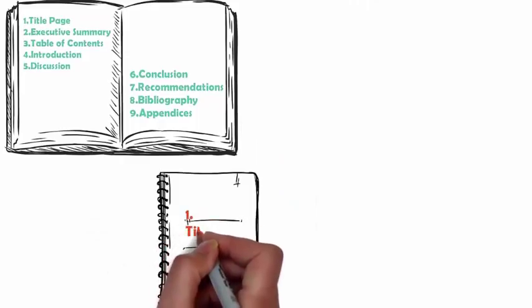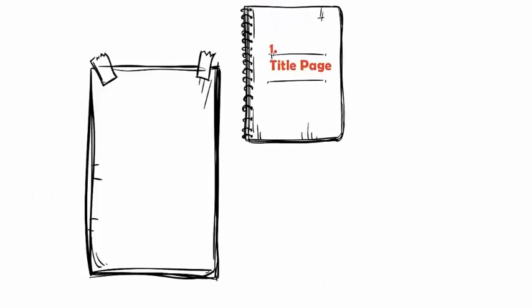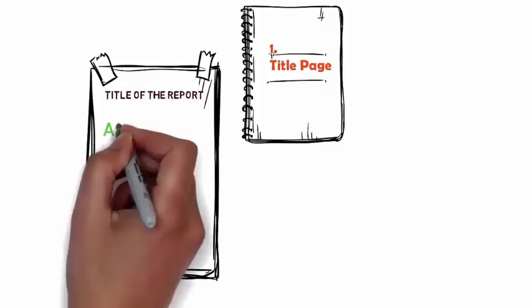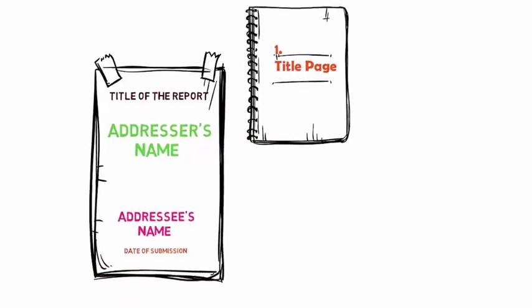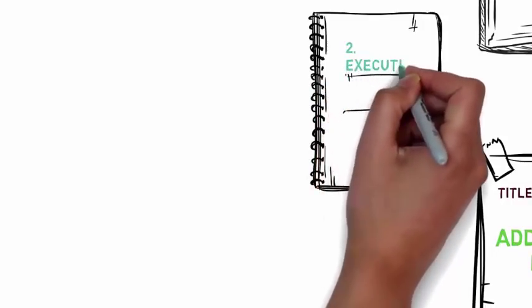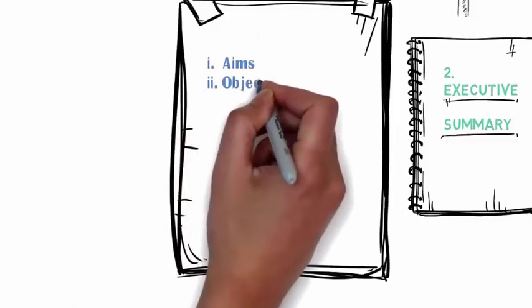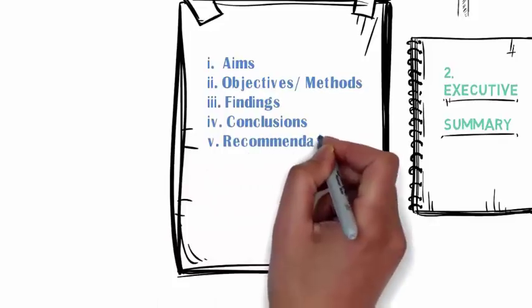First comes the title page of your report that carries the title. It has all the required information: the submission date of your report, the addresser's name comes first, then the addressee's name. Next is the executive summary. It covers aims and objectives of your report, the methodology you employed, main findings after analyzing your data, conclusions and recommendations.